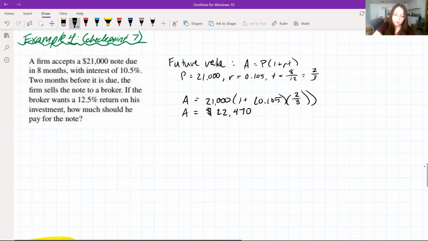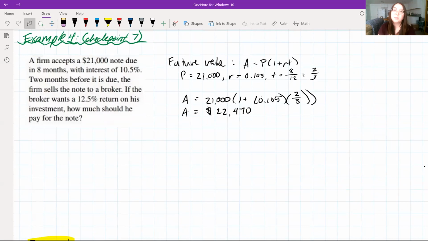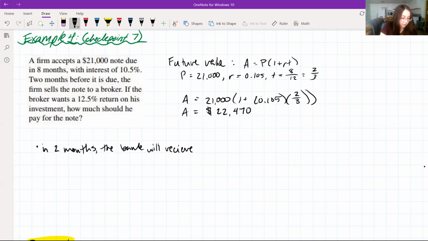So we know if we stopped 2 months short, so it's been now 6 months, we know that in 2 months the bank will receive the full amount of $22,470.